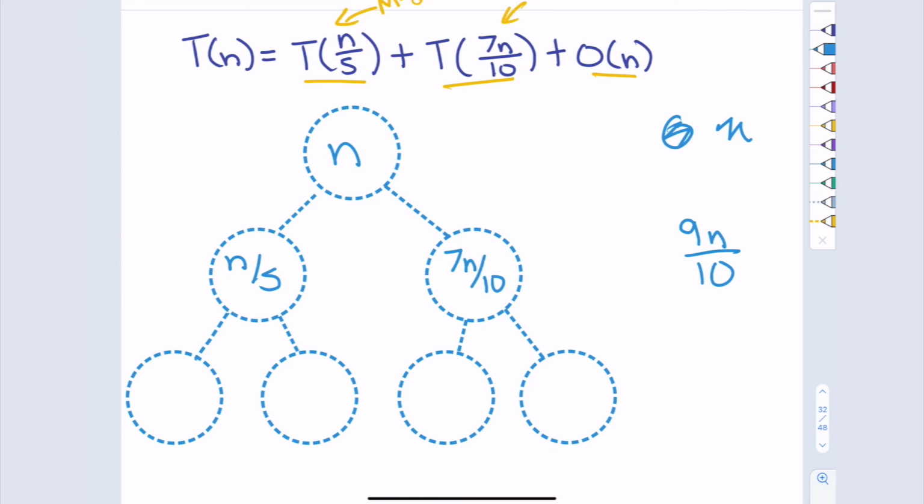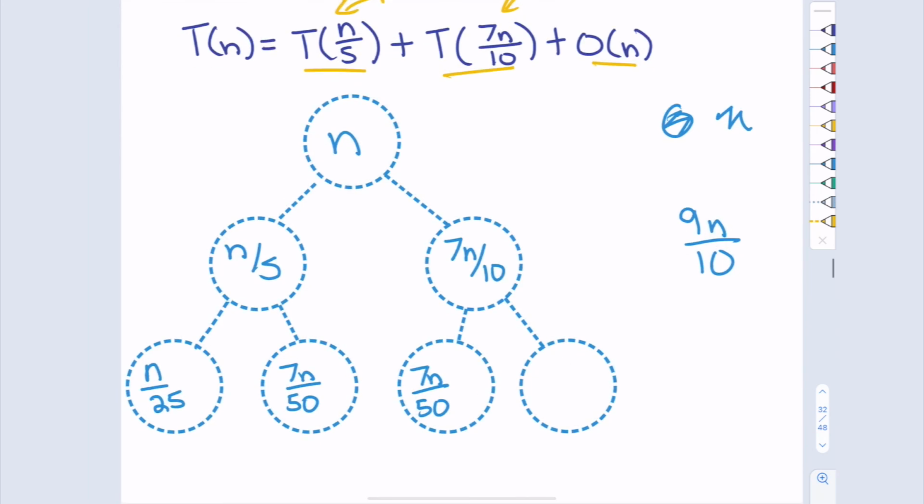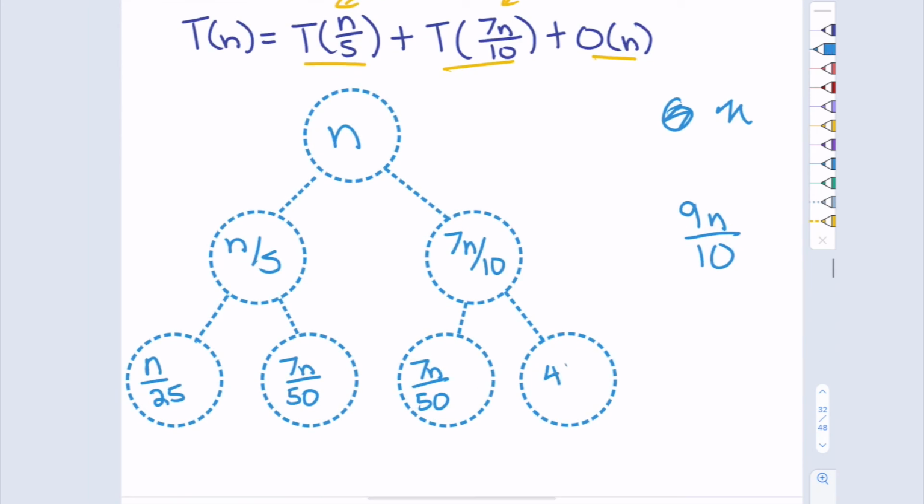All right, let's go further. I have n over 25, that's 5 squared, plus 7n over 50, another 7n over 50, and then 49n over 100.